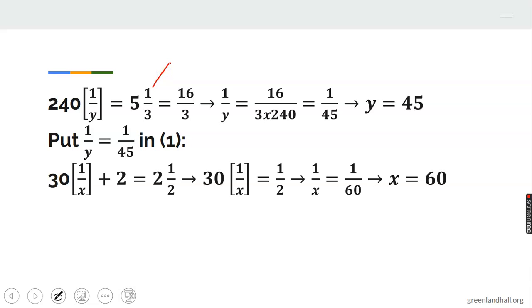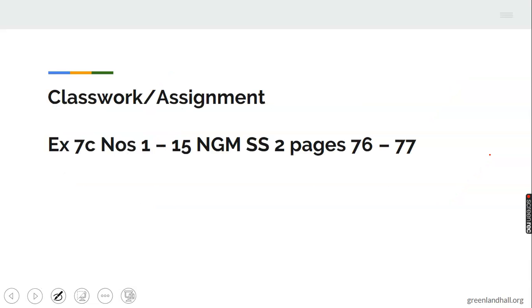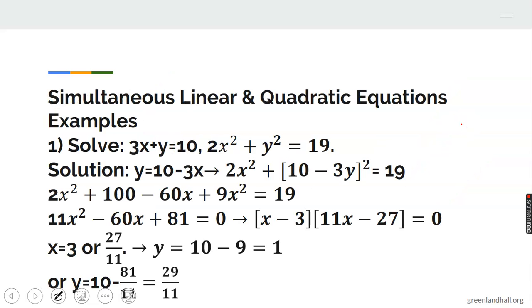Then making y the subject, we have y to be 45. Now putting 1 over y equals 1 over 45 in equation 1, and solving for x, we have x equals 60. So these are the solutions. Now I'm giving you this one as an assignment.